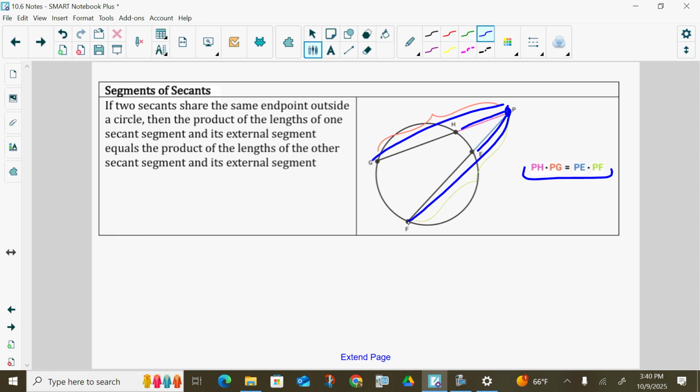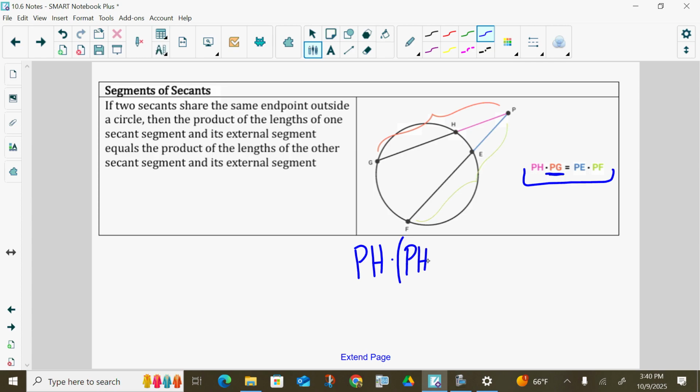So we're going to take this equation that we were given and we're going to change it just slightly for our use. So we're still going to say PH times something, but PG is our whole segment, and I'm going to break that apart into PH plus GH.